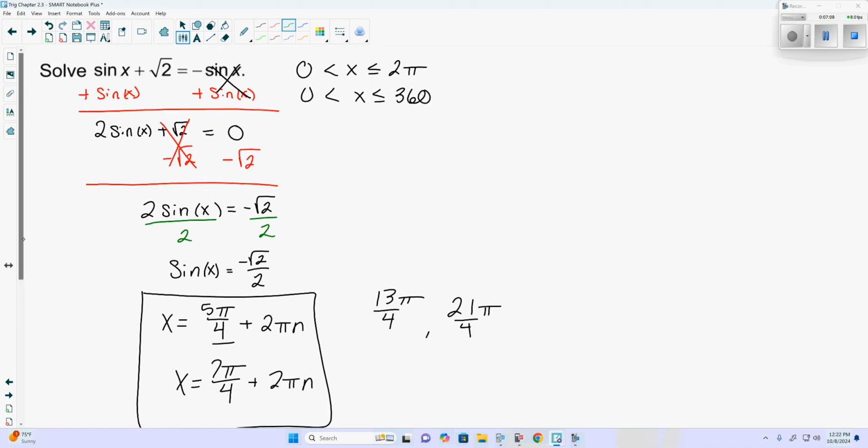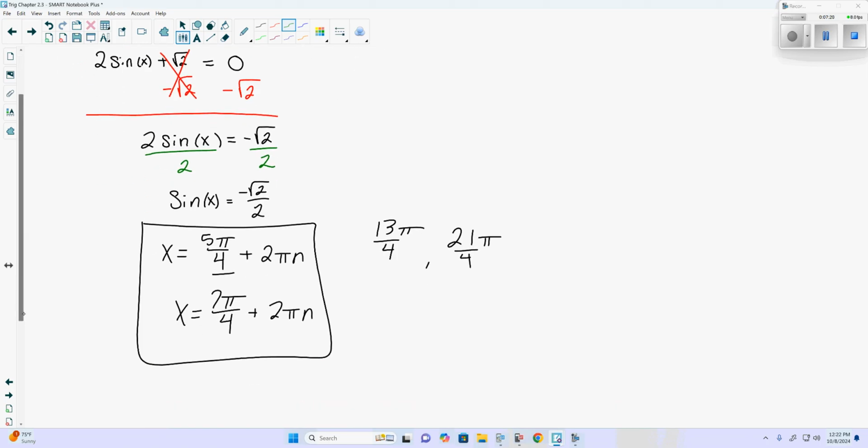But because it did not specify our angle, we have to add this in. We have to include every single coterminal angle, positive or negative. And n just represents which iteration, which coterminal angle, going in either direction.